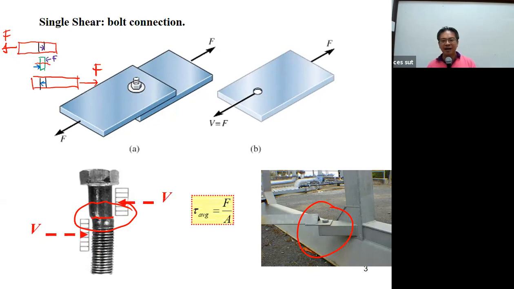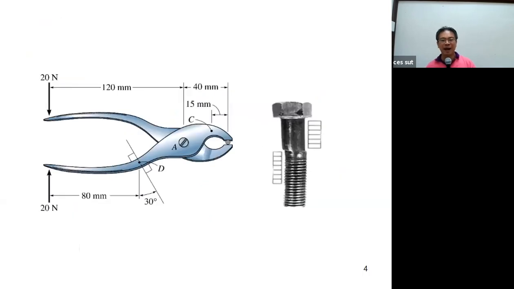Okay, and this one is a single shear. So since V equals F, the shear force here equals F. So the equation is the force divided by the A. And you may see this one in this clamp.